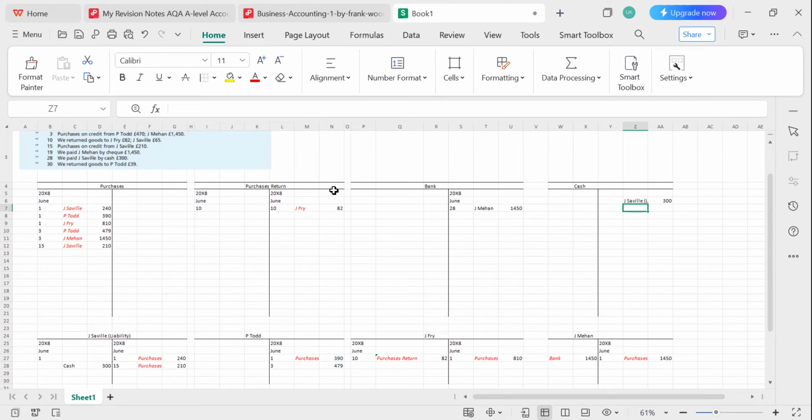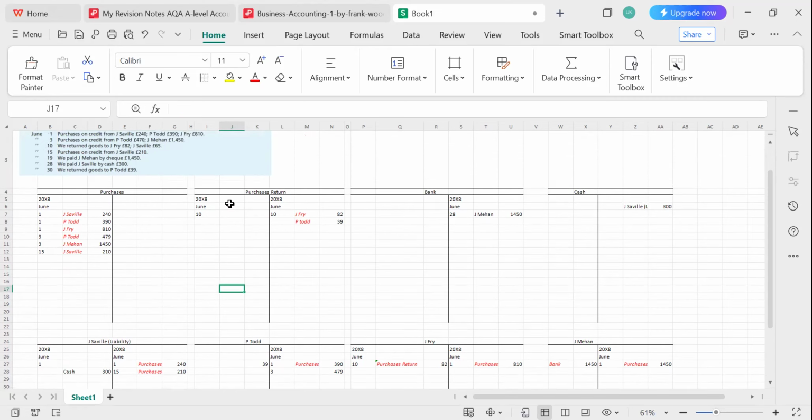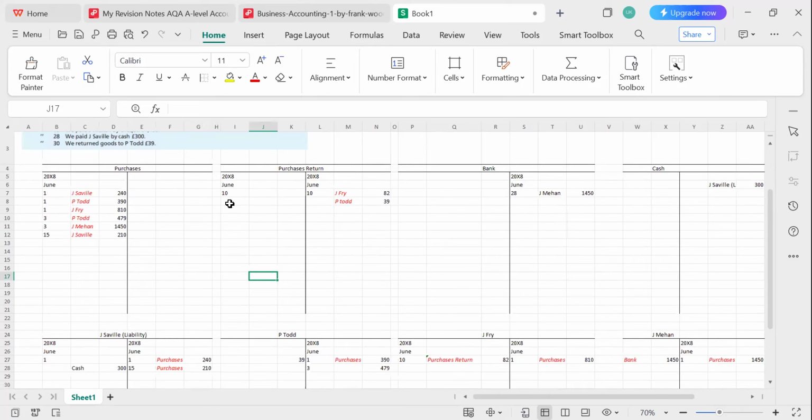This is purchase returns. Purchase returns would be credit 39. And we're doing it to P Todd. So P Todd must be debit against it because the liability is decreasing. So let's find P Todd account and debit it. P Todd debit with 39.